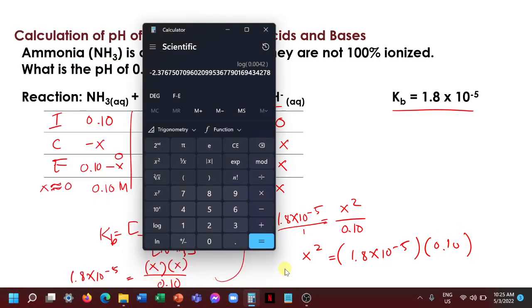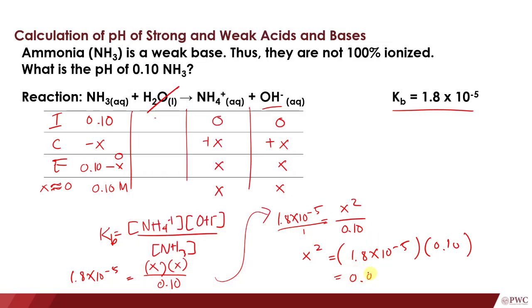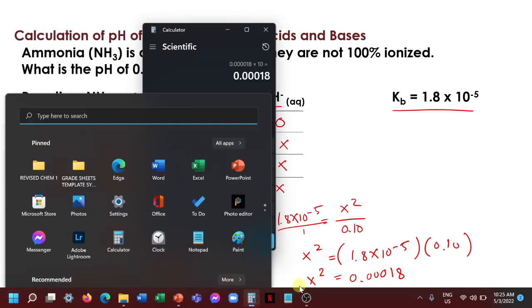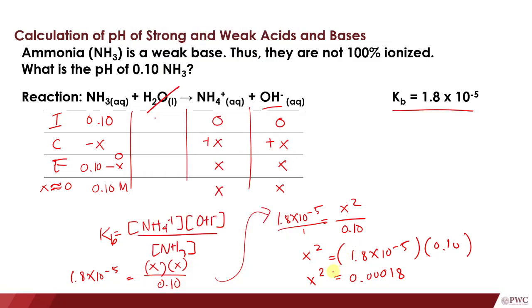Calculator. 1.8 times 10 to the power of negative 5 times 0.10 is equal to 0.0000018. Am I right? Yes.